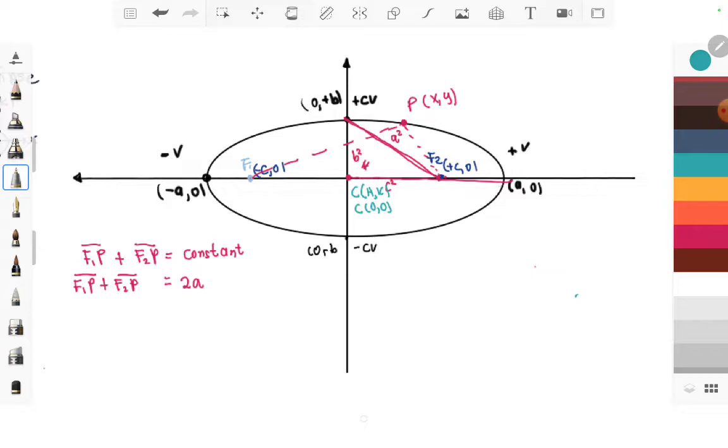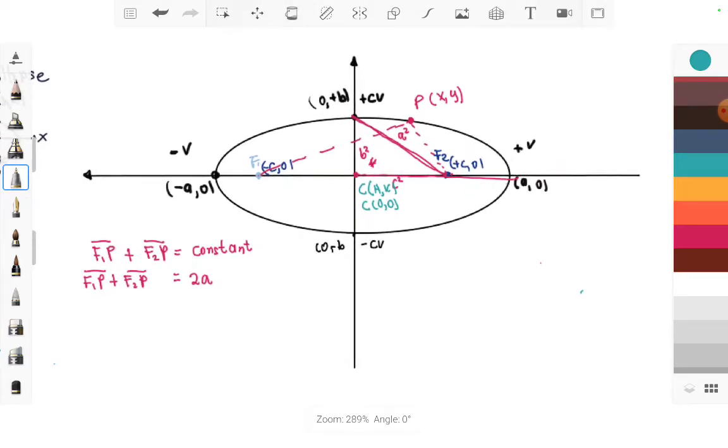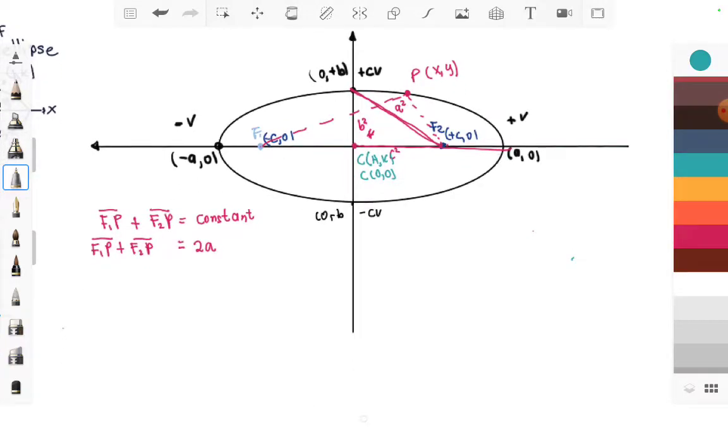Okay, so from here, using my distance formula, I can derive my f1, which has a coordinate negative c, 0, to xy. f1p is equal to the square root of x minus negative c square plus y minus 0 square.